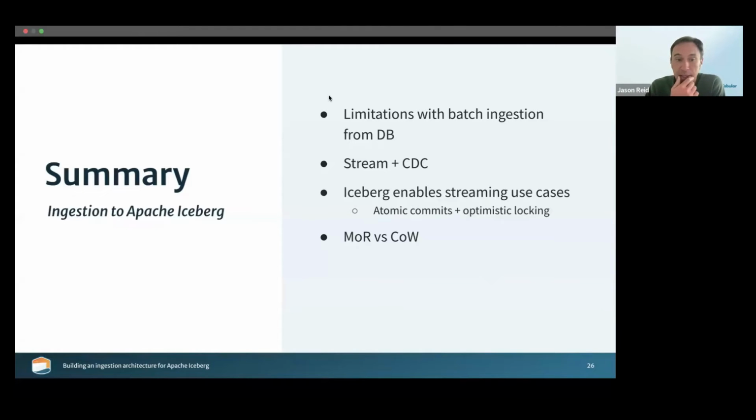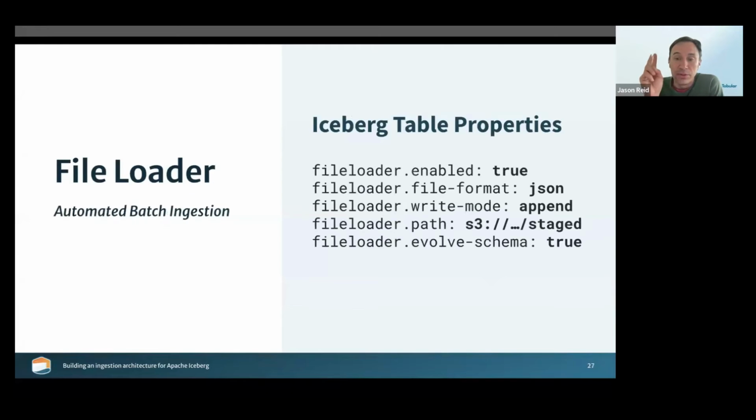I want to show some examples, so go ahead to the next slide, Vicky, and I'll talk about two big features within Tabular that address these batch and stream ingestion use cases. The first one is file loader. This is our automated batch ingestion feature.